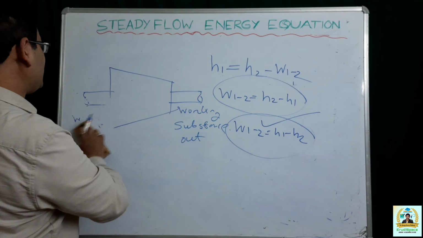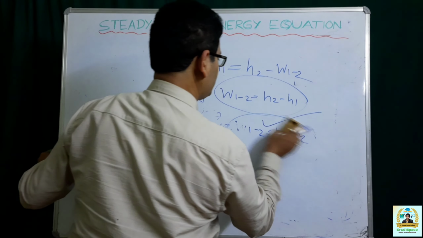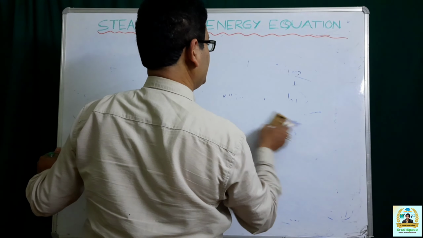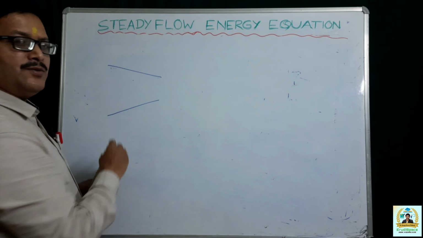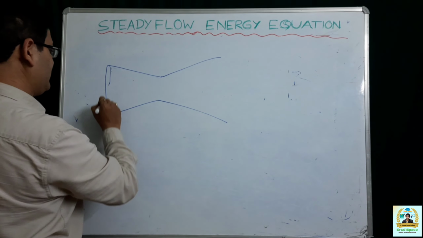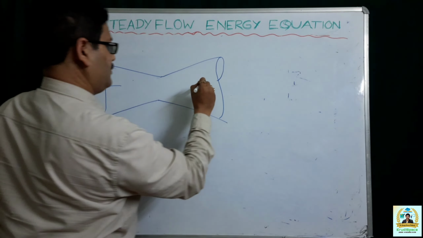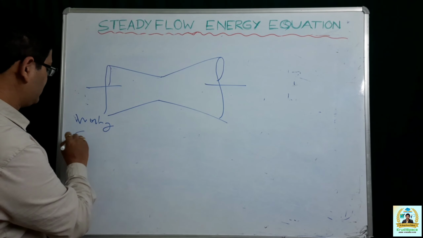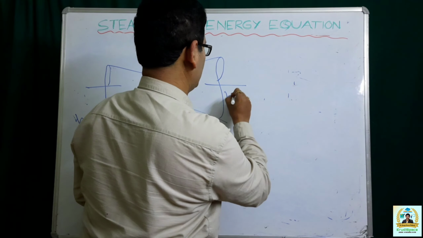Then we will discuss what is happening in case of a nozzle. A nozzle is a smoothly varying section where the kinetic energy is increased, and the nozzle may be of convergent type, divergent type, or convergent divergent type. Here working substance in, working substance out.